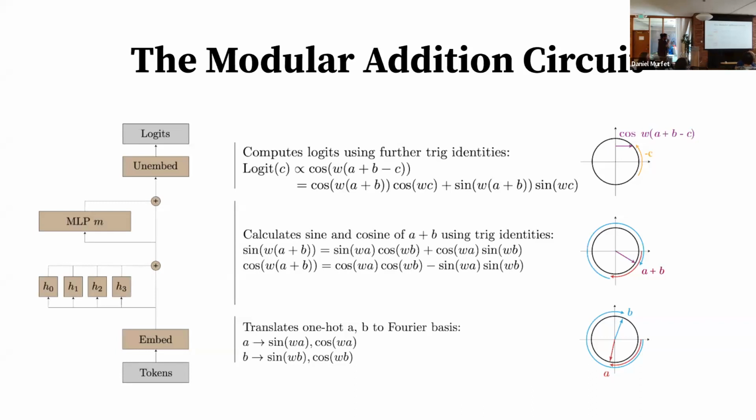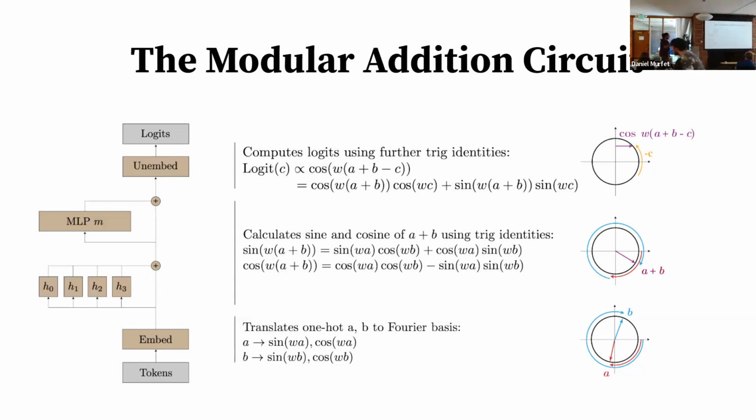It's pretty weird. You first embed the inputs as Fourier transforms of the inputs according to some frequency omega.